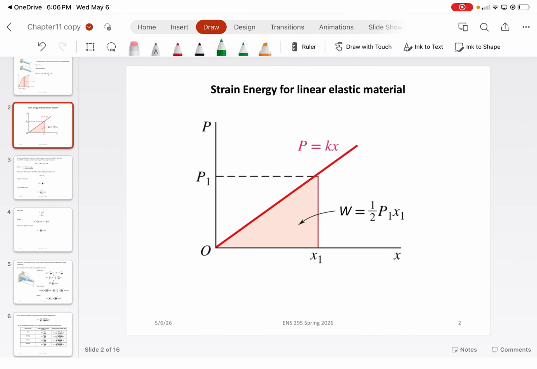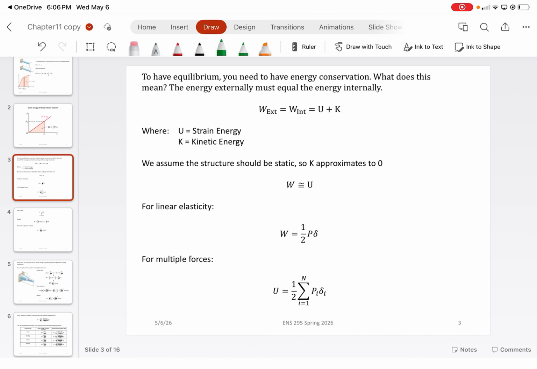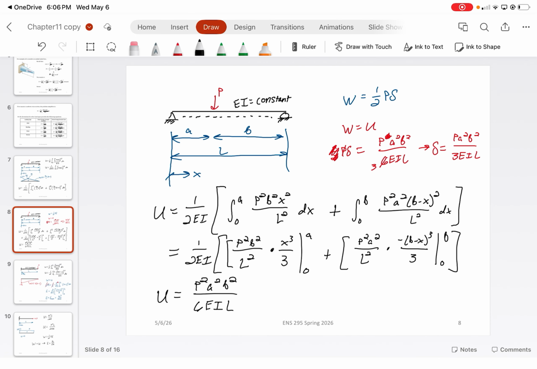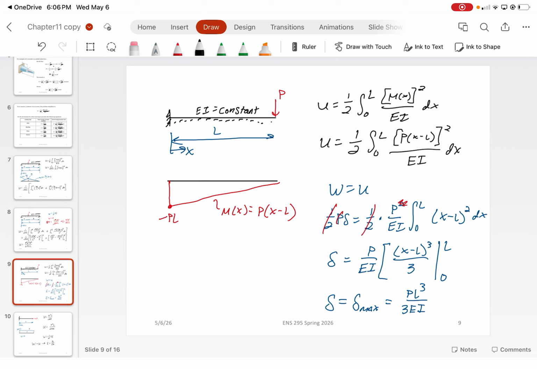So because of that, we can synonymously replace this P with some given moment, and then x with some given rotation. So we can also technically have an expression for work equaling 1/2 M times theta. And then, of course, all of our U expressions would just be the same. Make sense?